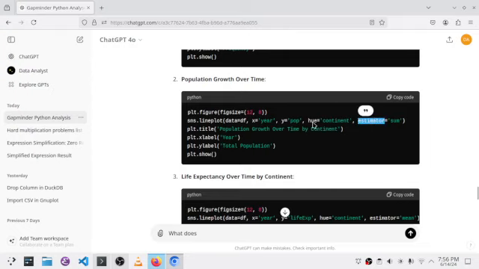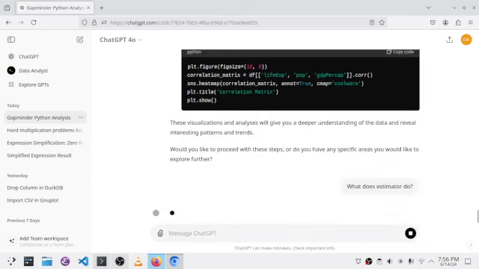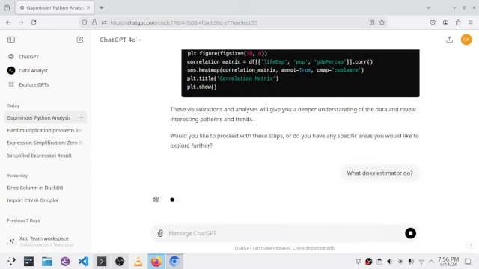See, this is basic stuff, but I'm not familiar with estimator. Okay. And again, this should create one line for each continent.